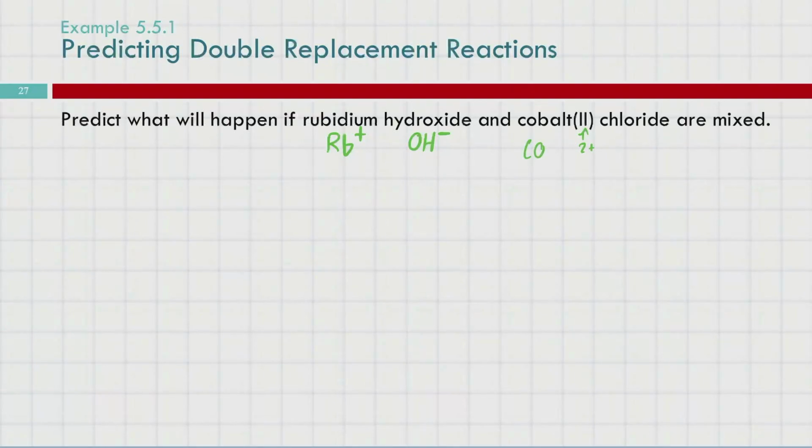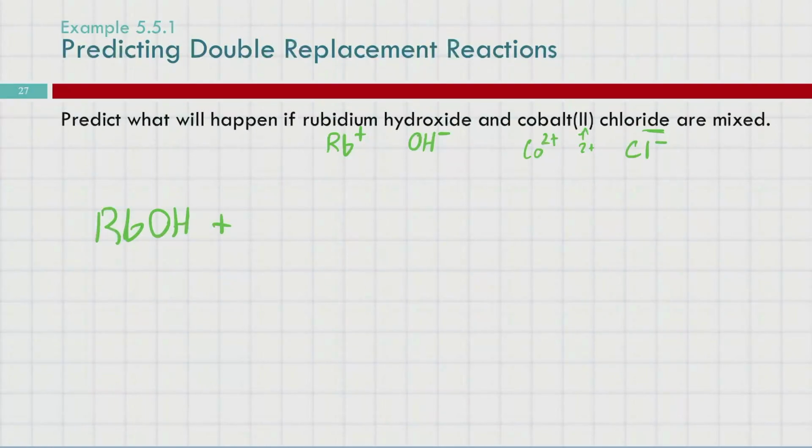So this is Co, big C, little o, 2 plus, and chloride, the IDE ending, letting us know that it's just Cl, the chlorine ion, which is going to be Cl minus, the chloride ion. And we combine these, in the case of rubidium hydroxide, in a 1-to-1 ratio, so RbOH.